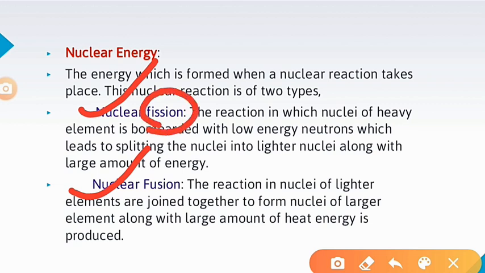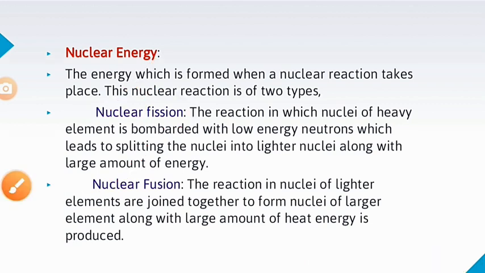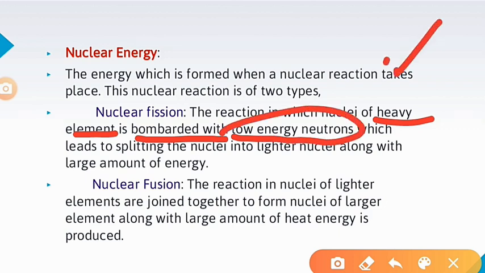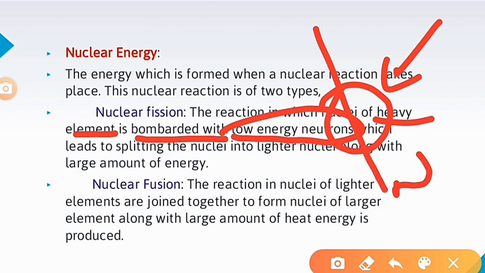Fission means dividing, meaning the reaction in which the nucleus of a heavy element is bombarded with a low energy neutron. When a nucleus of a heavy element is hit by a low energy neutron, this nucleus will split into two lighter, smaller nuclei.